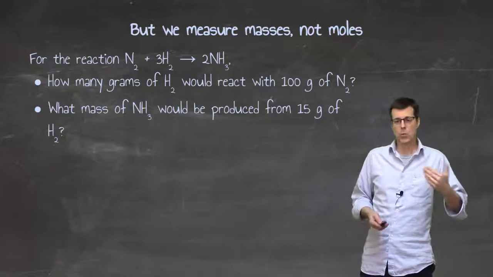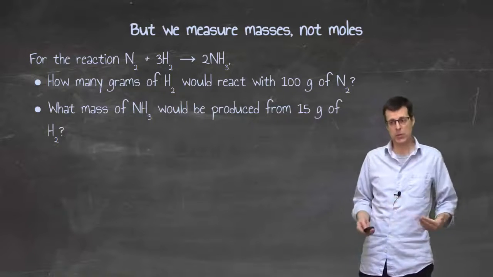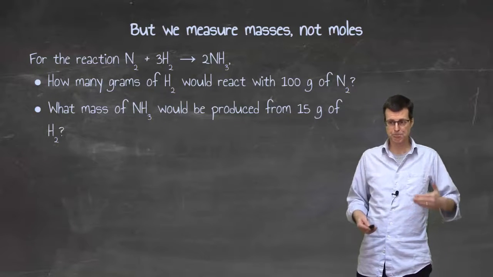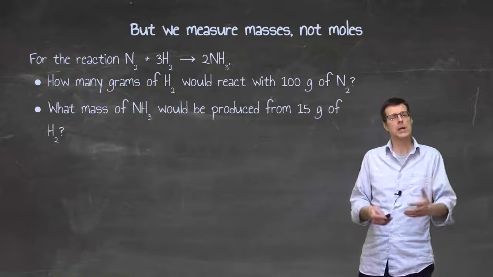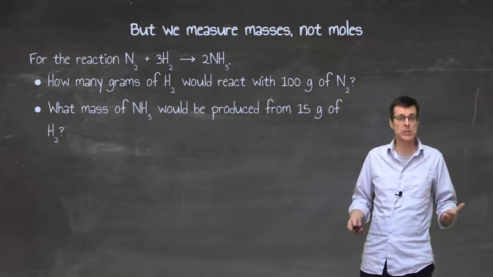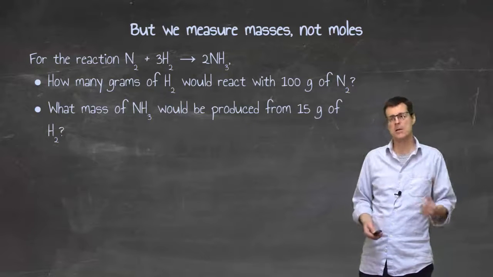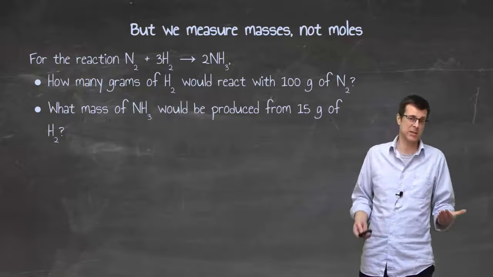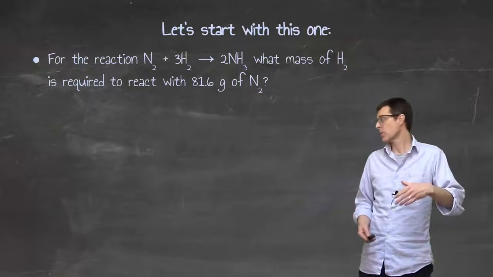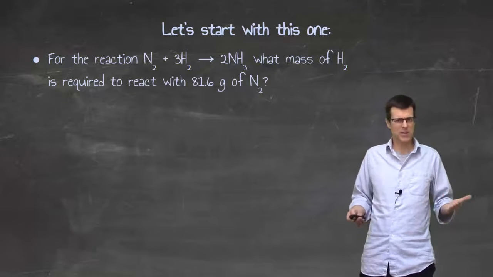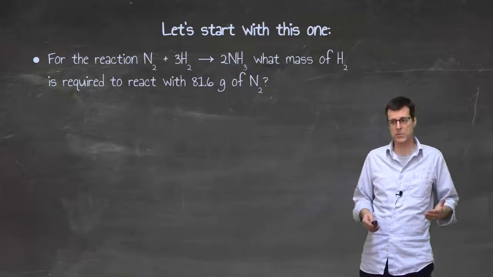Or I could ask what mass of NH3, my product, would be produced if I started with 15 grams of hydrogen. And again, hopefully you can imagine that that's a pretty reasonable kind of question to ask. I work with masses. The problem is the reaction doesn't. It uses moles. So we're actually going to work through a slightly different question, but again, either of those other two would have been okay.